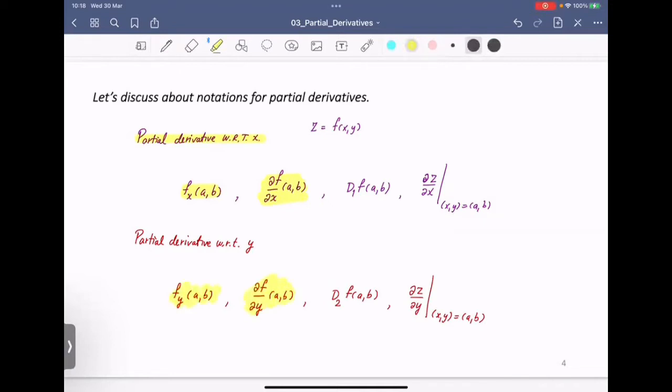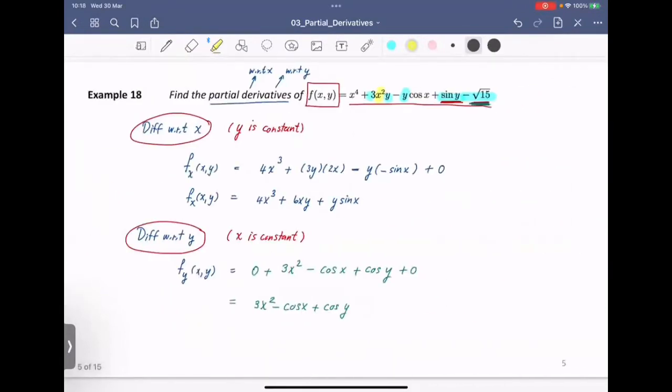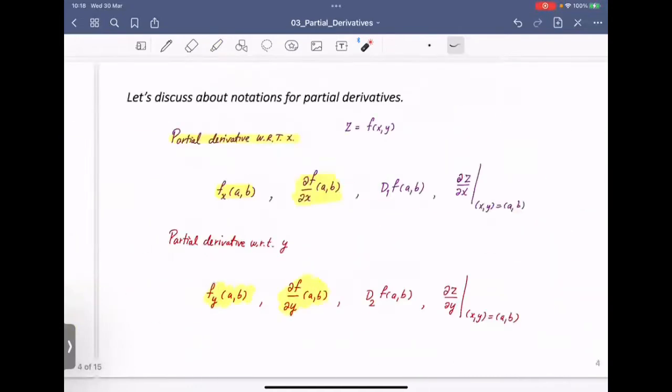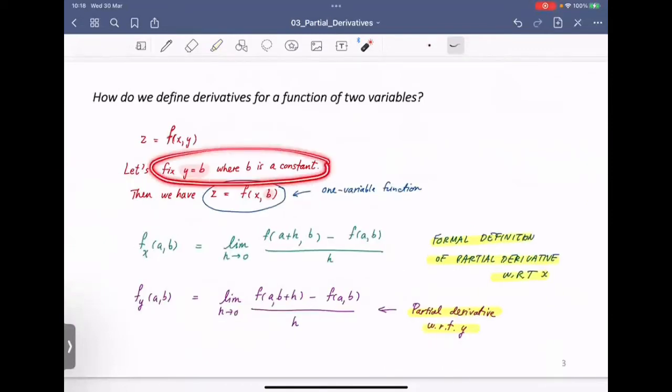Okay. So last time we talked about how to get the partial derivative already. So keep in mind that when you do the partial derivative, it's going to be the partial derivative with respect to x and the partial derivative with respect to y. When you do the partial derivative with respect to x, you keep y constant, because from the definition you start from a fixed y, so you can get a single variable.